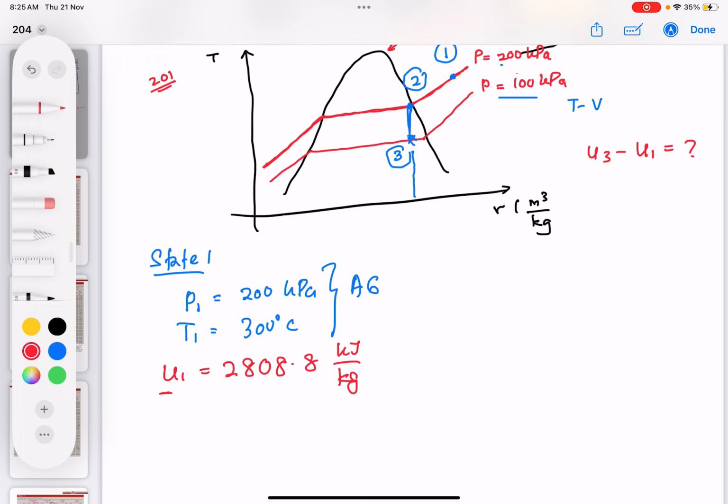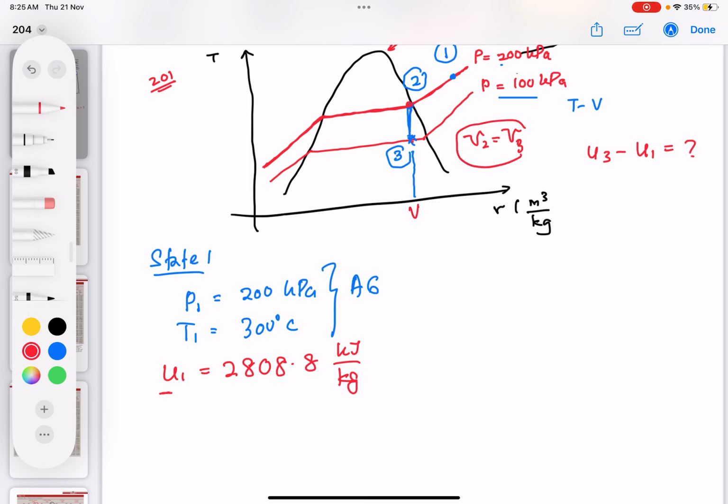Do I need to find the information at point number 2 here? From the diagram itself, I should note that my specific volume at point 2 is equal to the specific volume at point 3. So the V here should be the same.